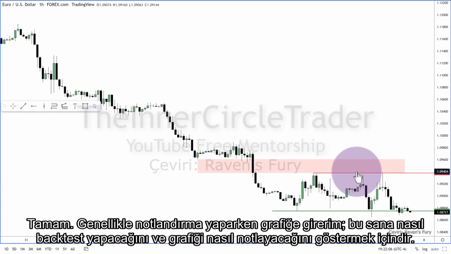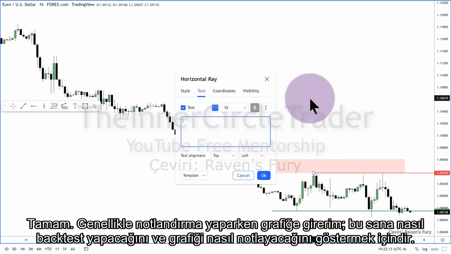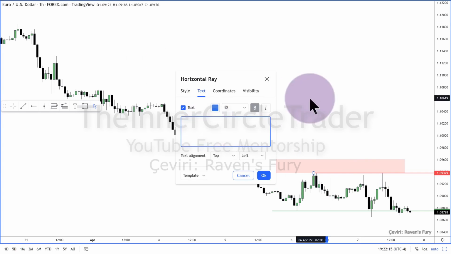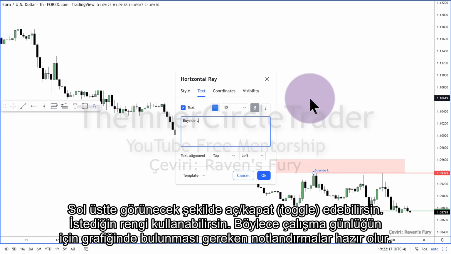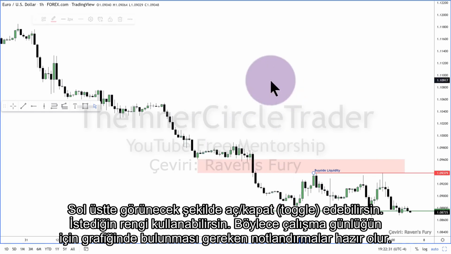Okay. So usually in my annotations, I'm going into the chart. And this is for the purposes of showing you how to backtest and how you annotate your chart. You toggle it to show on the top left, and you can use whatever color you want. And there you go.